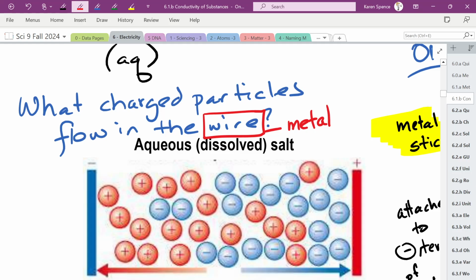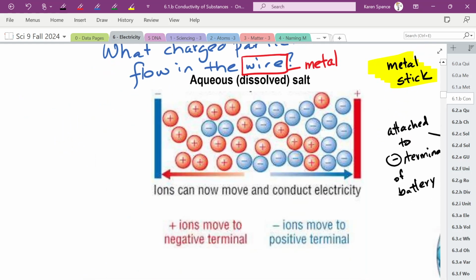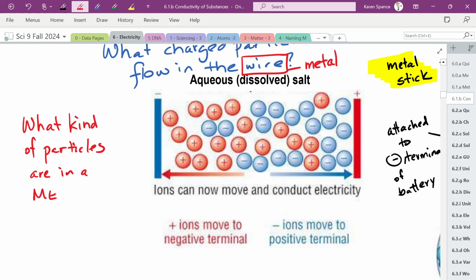What kind of particles are in metal? This is thinking back to yesterday and yesterday's homework. What kind of particles are in a metal?